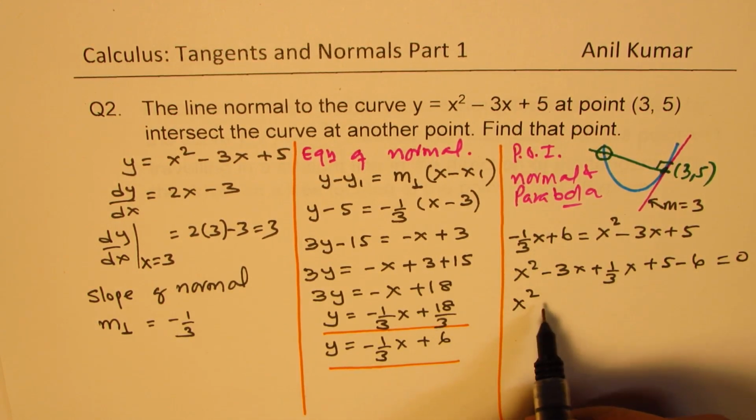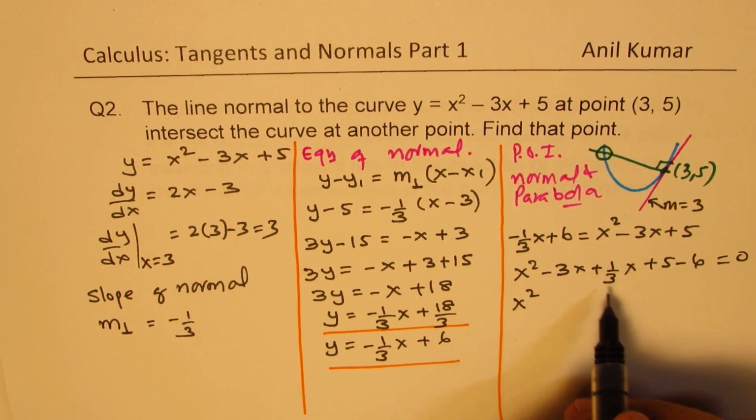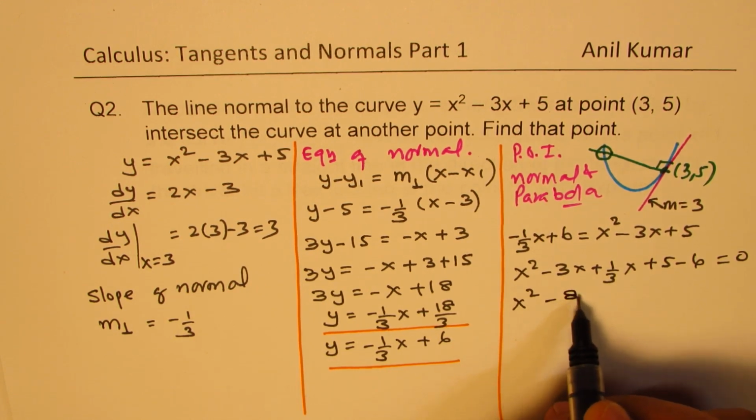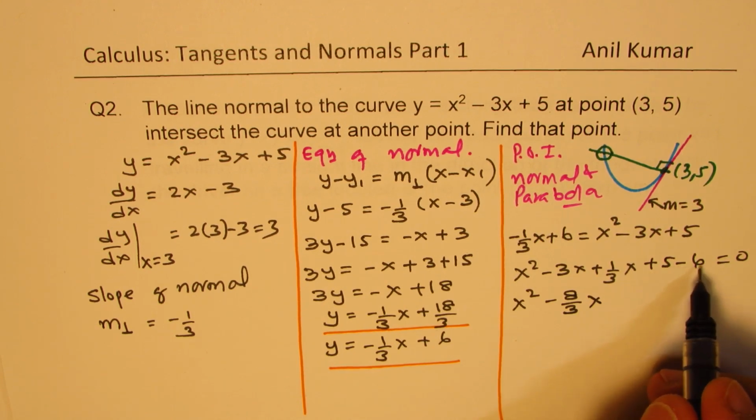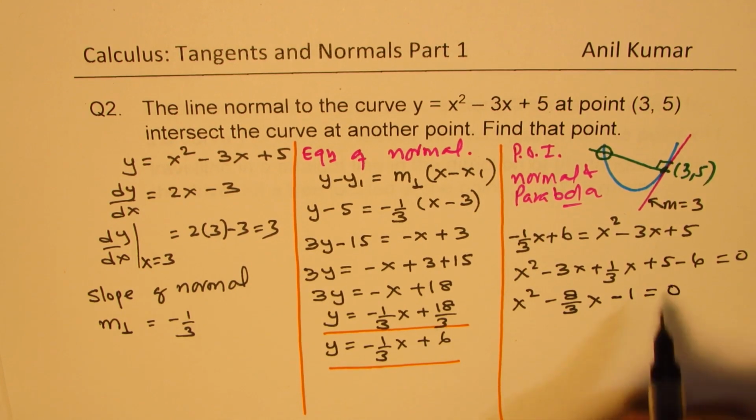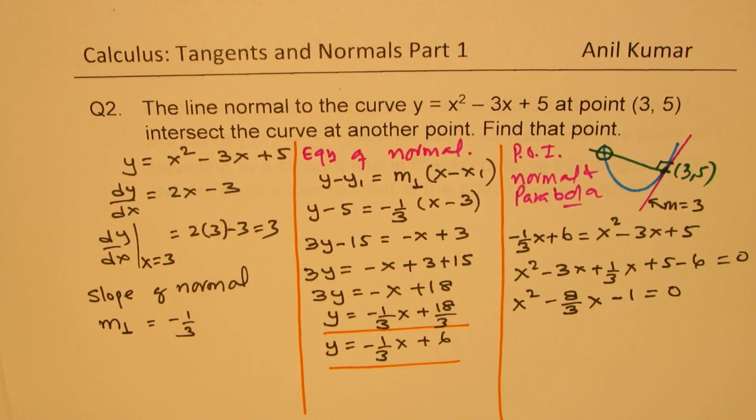So this becomes minus 9 plus 1, which is minus 8 over 3x. And here we have 5 minus 6, which is minus 1, equals 0. So that's what we get. Now we can calculate the value of x using the quadratic formula.